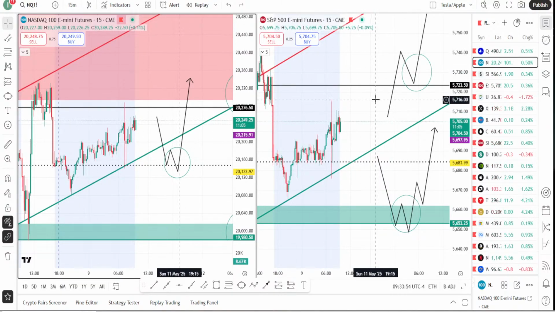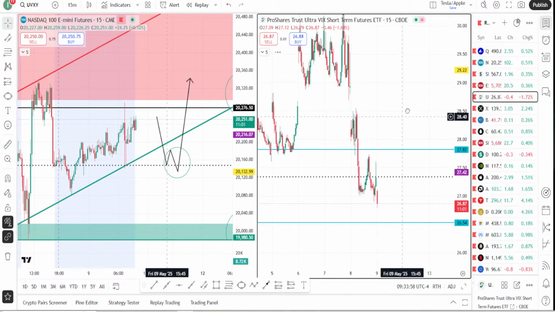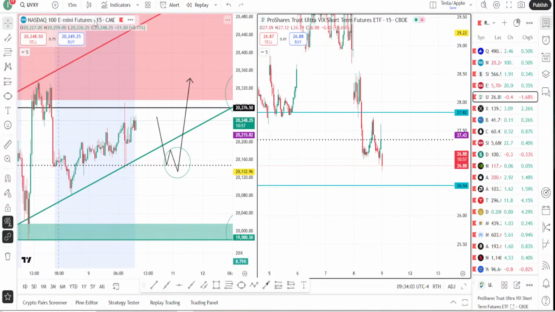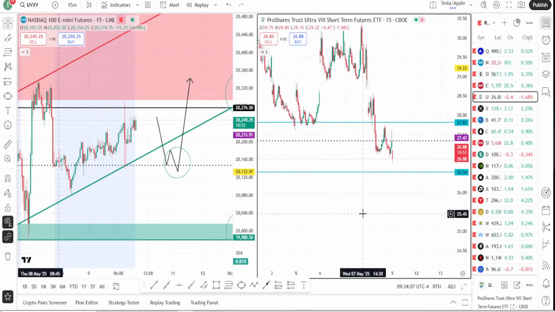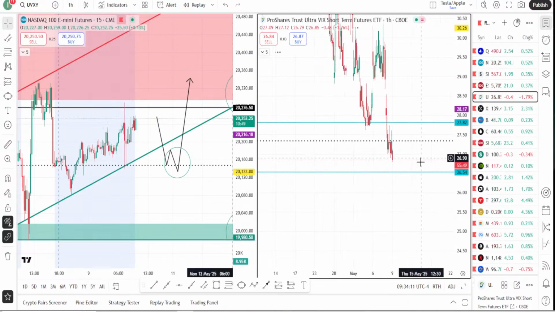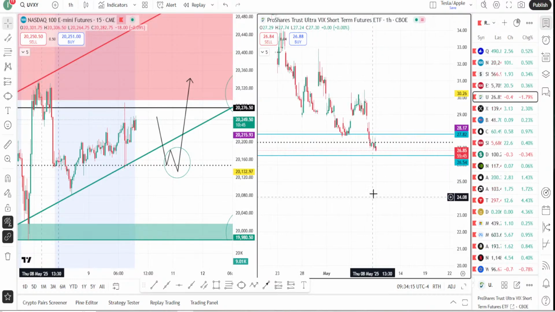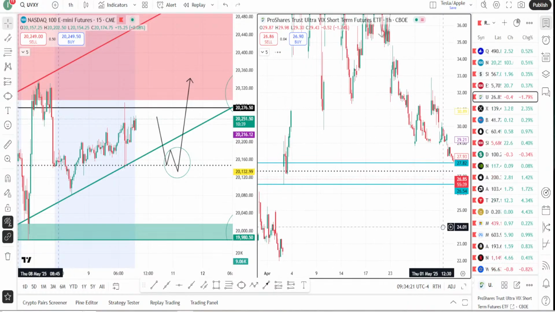Let's take a look at the VIX. You guys may not know the way that the VIX moves. If the VIX goes down, the Qs go up.